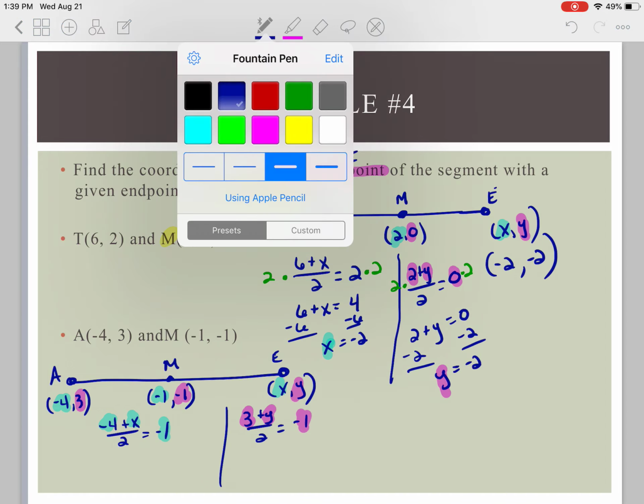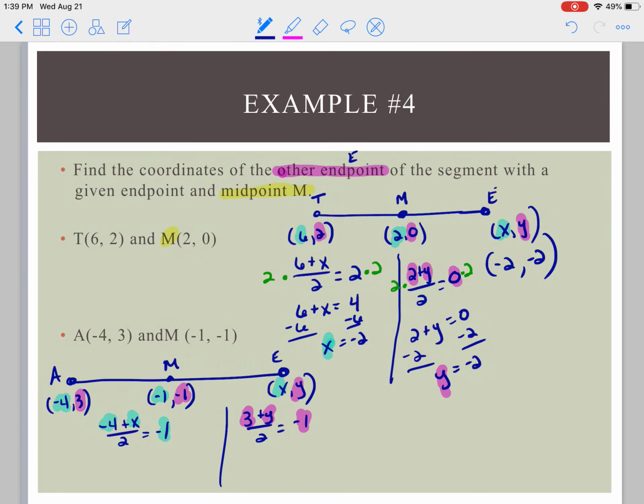Solving using the same methodology, same steps. -4 plus X is equal to -2. Add 4 to both sides. X is equal to 2. 3 plus Y is equal to -2. Subtract 3 from both sides. Y is equal to -5.